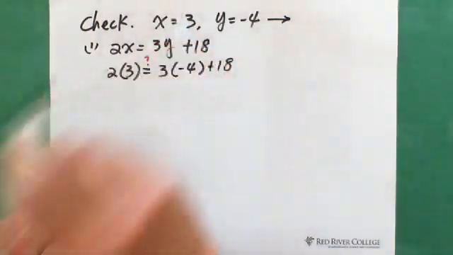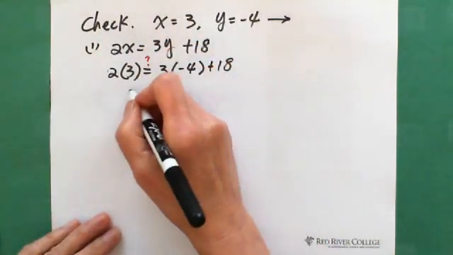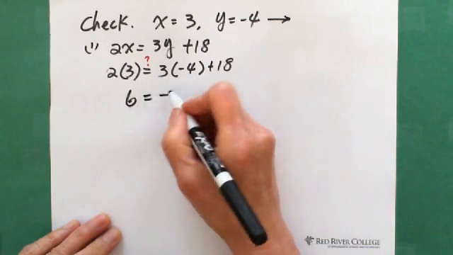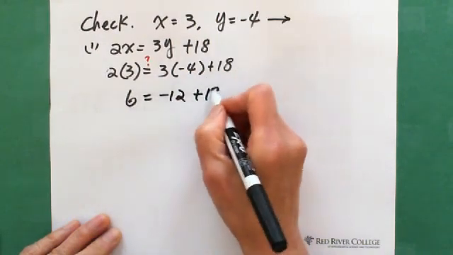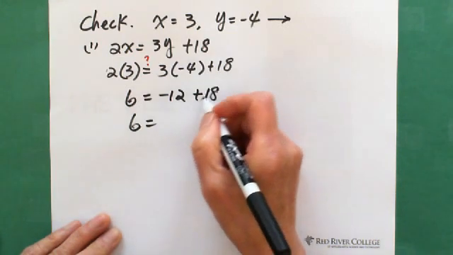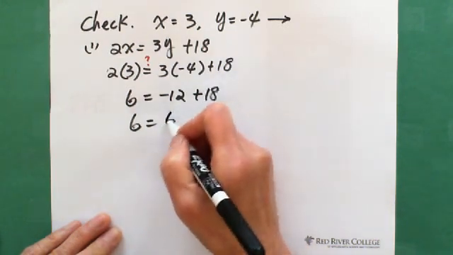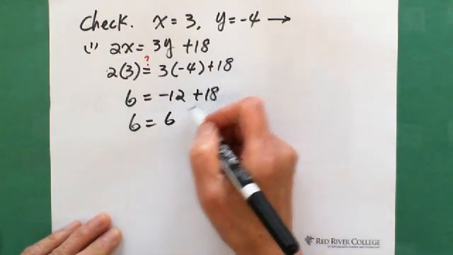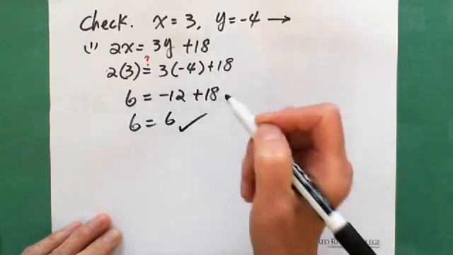So you get 6 equals negative 12 plus 18, which is 6. That's why you're right.